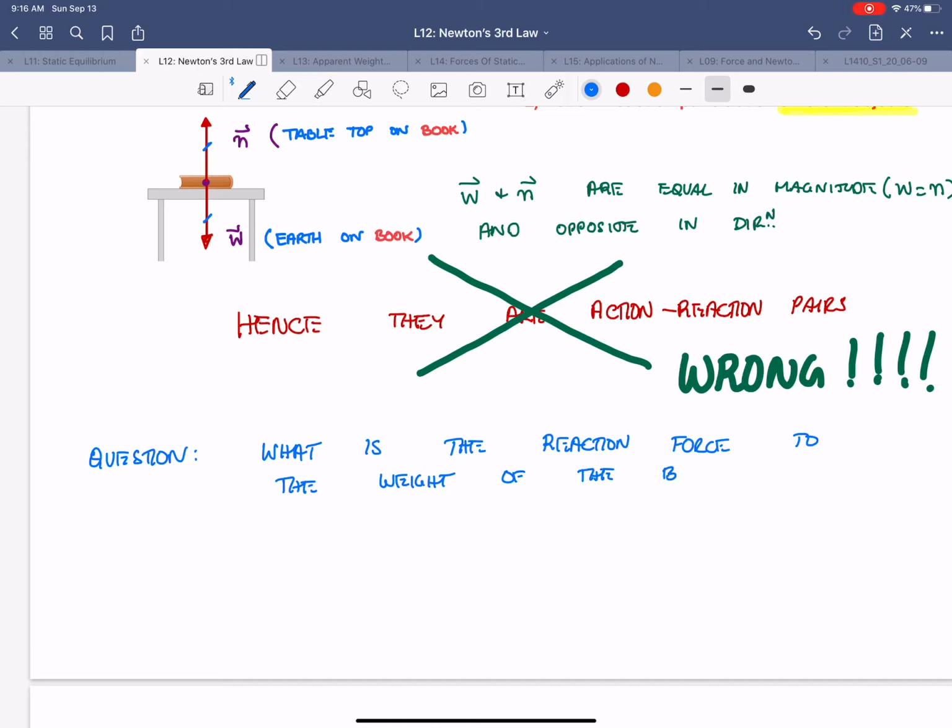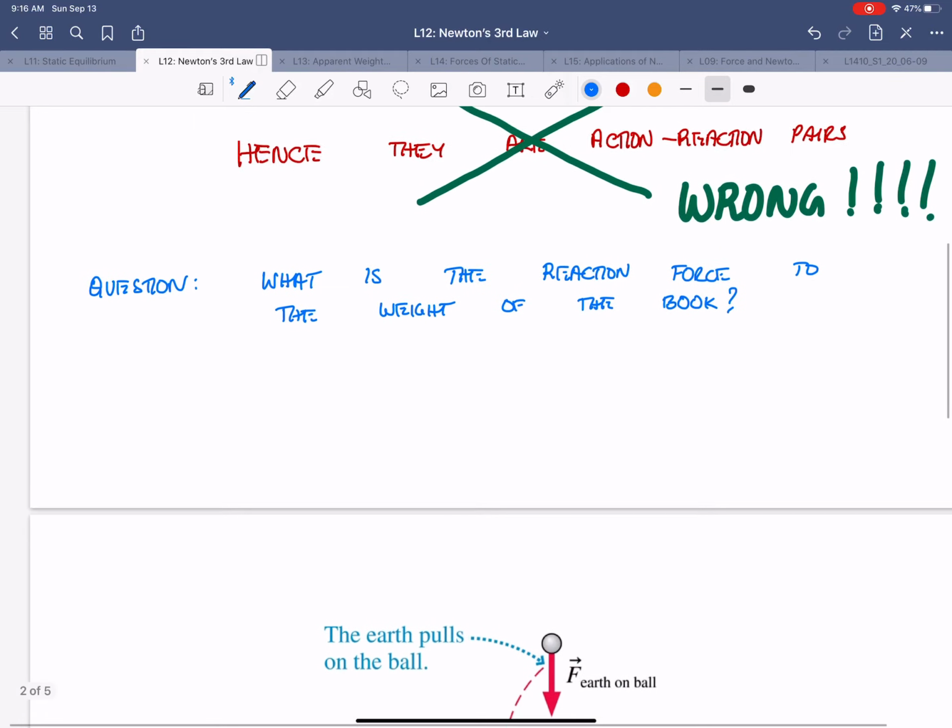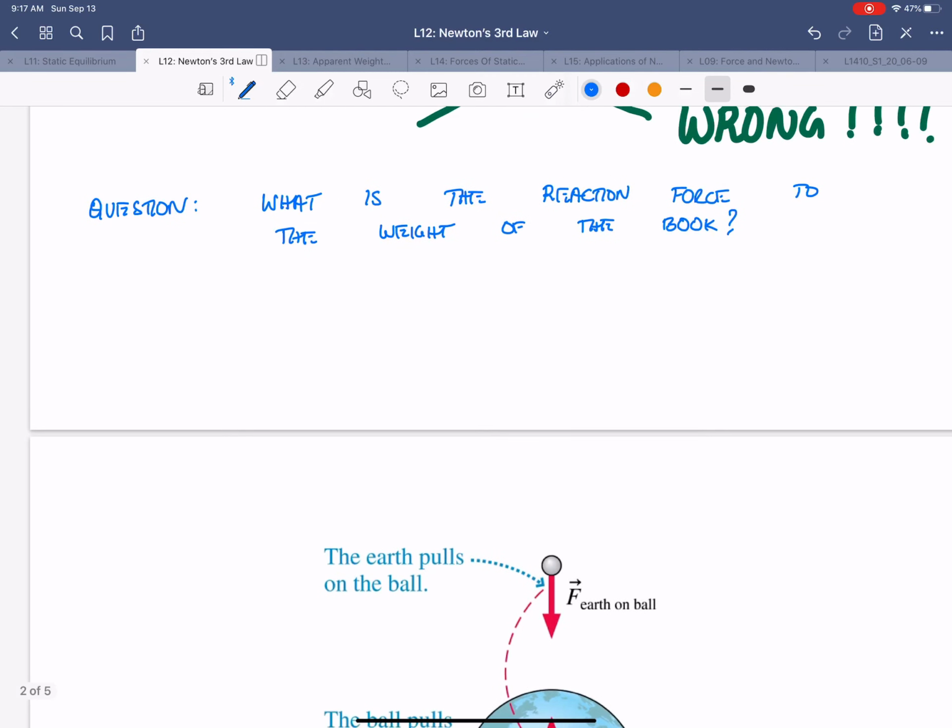Okay, so what is the corresponding force which forms the action-reaction pair if it's not the normal force? And so now here is the situation that we're describing.